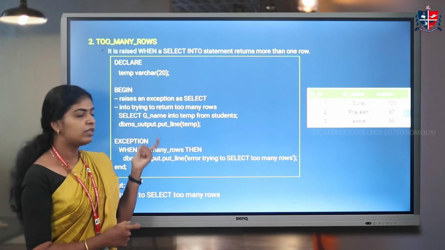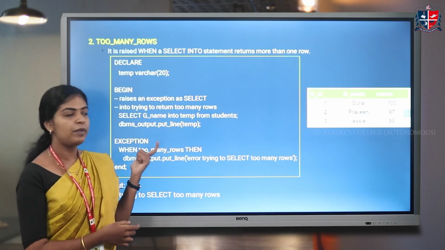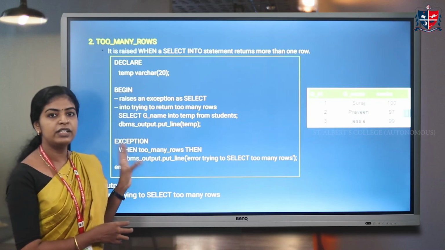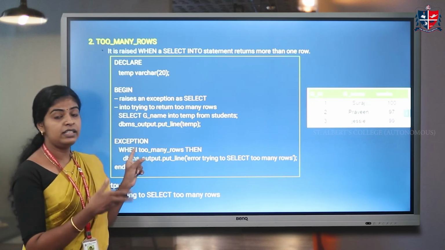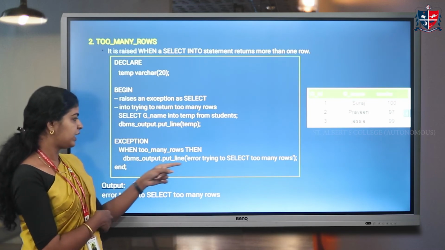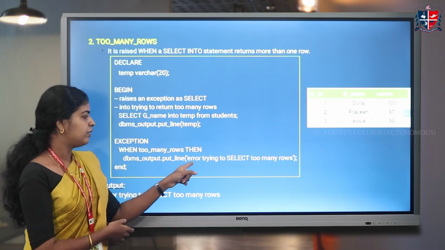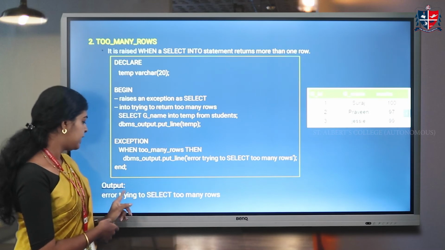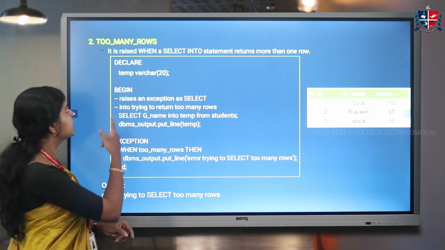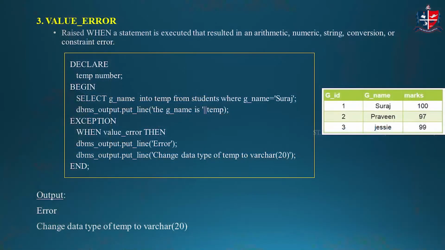When I execute this program, I get some values, so the exception should be raised. When too many rows are returned, we will get the output: error trying to select too many rows. That is known as too many rows.